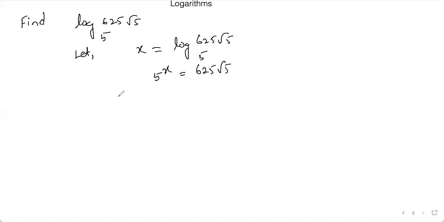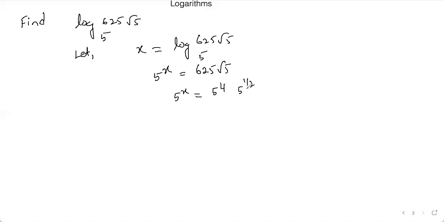Okay, and then this would be 5 power x, which is equal to 625, which can be written as 5 power 4, and this is 5 to the power of half. Yes.